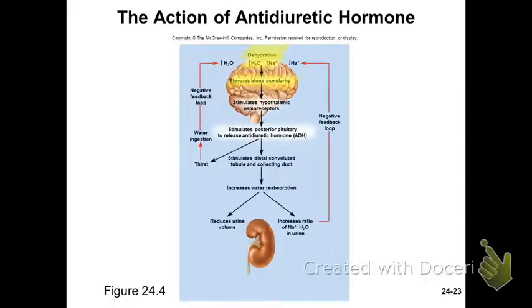This is going to stimulate those osmoreceptors and release from the posterior pituitary the ADH. The ADH will travel through the blood, go to the kidneys, and stimulate the distal convoluted tubules and the collecting ducts to increase their aquaporins. Those aquaporins will now increase the water reabsorption. This will reduce the amount of output while increasing the sodium-water ratio.